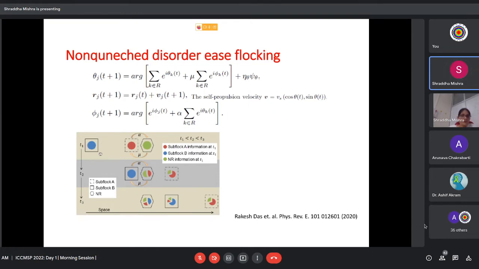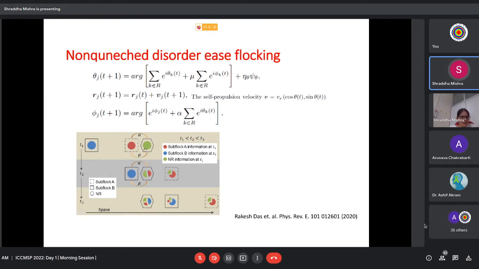Suppose this vertical direction downward is time, and this horizontal direction is space. We are actually studying this in 2D, but I just made the space a one-dimensional line here. And suppose in a given spatial extent, there are two small flocks oriented in different directions, shown by the colors blue and red.